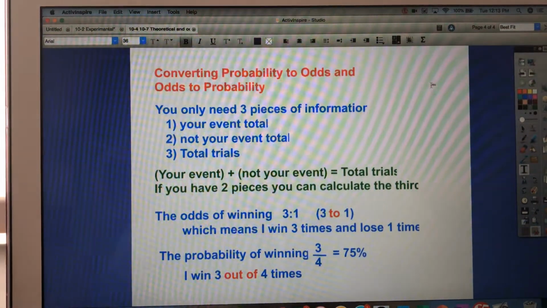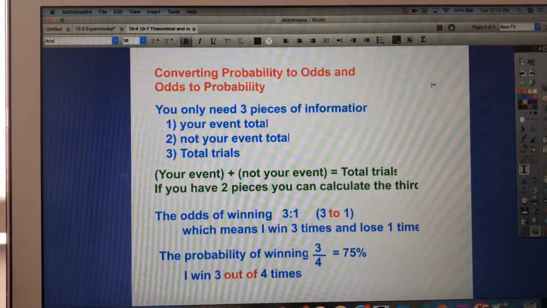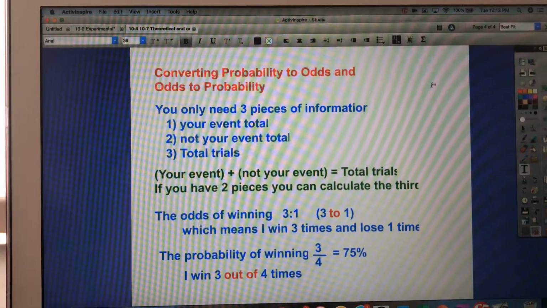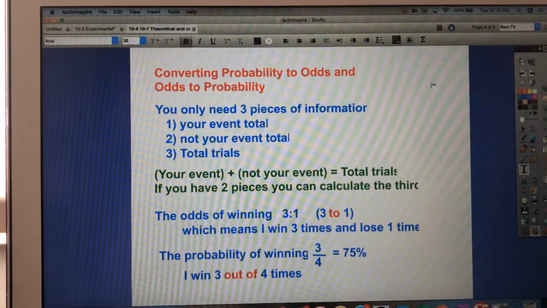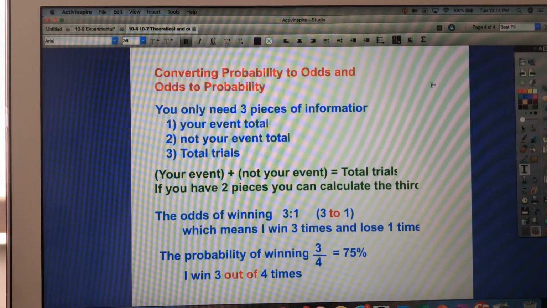What if I need to convert probability to odds and odds to probability? I have this all on one slide because this is review. Again, if this is the first time you're seeing this, please pause the slide and really look at the information.